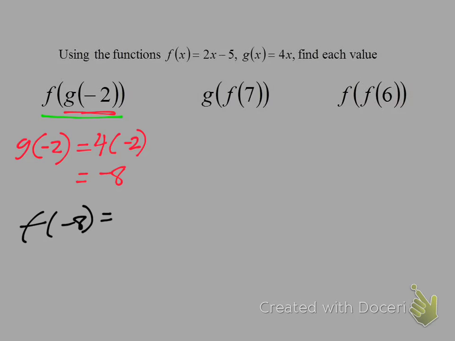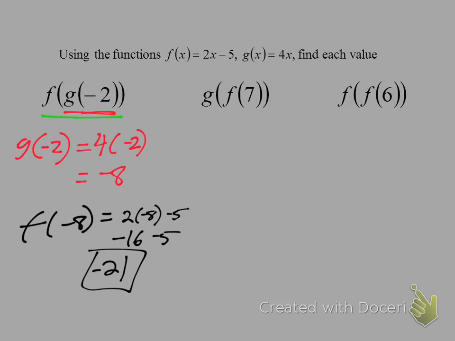Just like last time, except instead of looking at the numbers in the ordered pairs, now you're actually doing operations to get those numbers. See the difference? But you're still putting in your new y to turn into x. See how you're going inside out, working it backwards? So we got 2 times negative 8 minus 5. Negative 16 minus 5 gives you your final answer of negative 21.